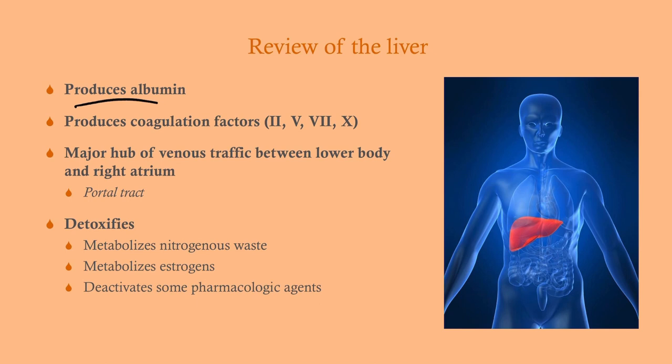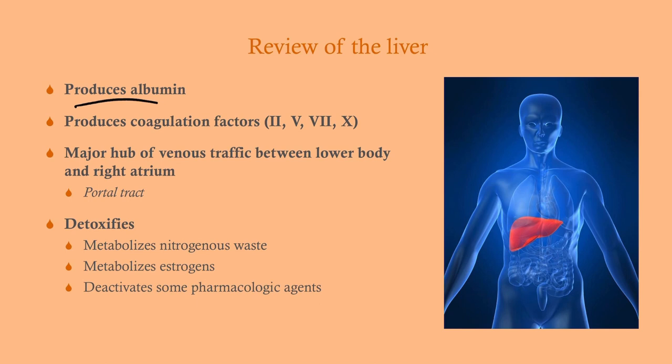Okay, so if the liver is not working properly, your albumin is low, and you're going to run the risk of edema and the things that you would see in nephrotic syndrome, for instance. So albumin, very important. You can get an albumin lab very easily, and if you see that that's low, it points to liver failure.